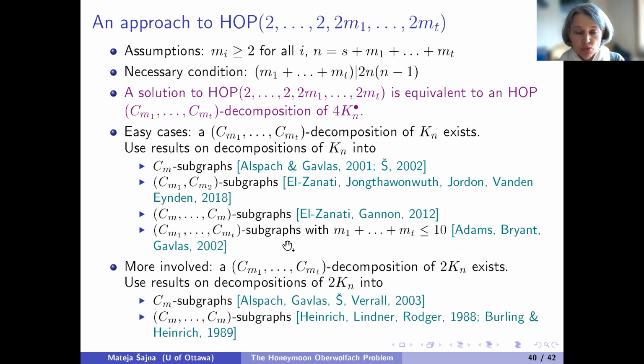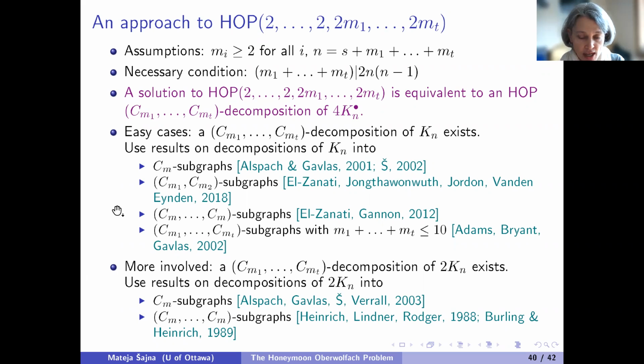More involved will be the cases where a decomposition of the complete graph does not exist, but a decomposition of the 2-fold complete graph exists. So here are some results, namely for the 2-fold complete graph and decompositions into cycles. In other words, 2 regular subgraphs that consist of a single cycle.